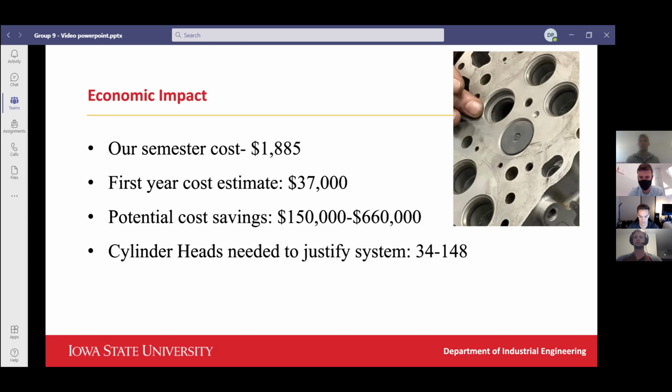So if all 600 were to be caught, that leaves the potential for somewhere in the neighborhood of $150,000 to $660,000 in cost savings in a year. And to justify our $37,000 cost in the first year, we would need to catch somewhere between 34 and 148 cylinder heads to justify our system. Those are pretty wide range of outcomes, but we had a lot of assumptions worked into our cost savings.